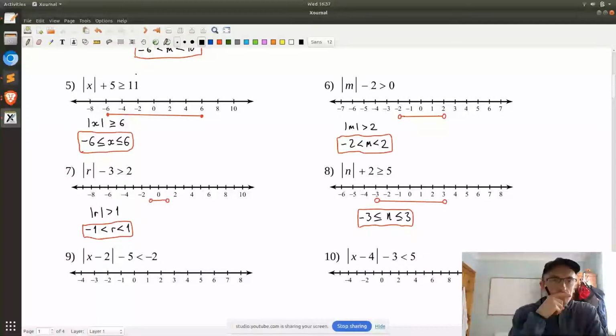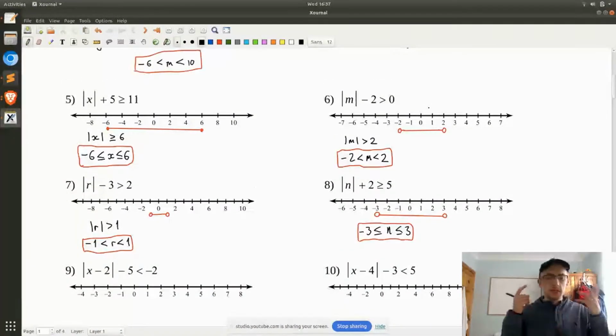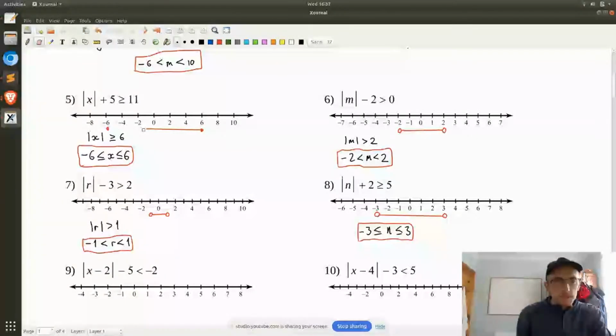Okay, so I think I understand. Not think about it so programmatically, but like logically. If the absolute value of x is greater than or equal to 6, then for a linear equation, that would just be saying x is greater than or equal to 6.